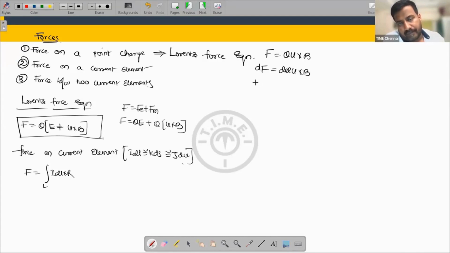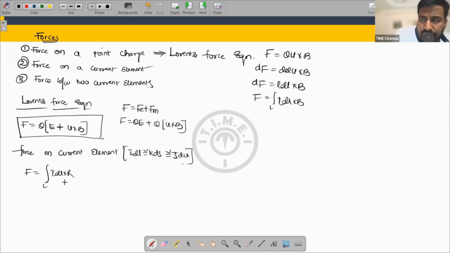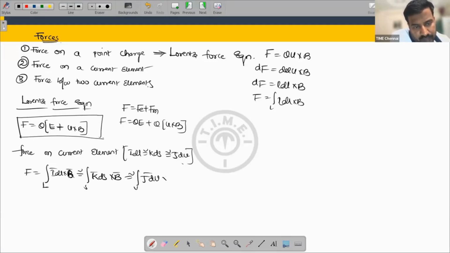It is dQ cross B. dQ equivalent is Idl. Idl cross B. F is line integral of Idl cross B. So if this current element is placed in some magnetic field B, then the force exerted is given by line integral of Idl cross B, equal to surface integral of KdS cross B, which is equal to volume integral of JdV cross B. This is force on a current element.